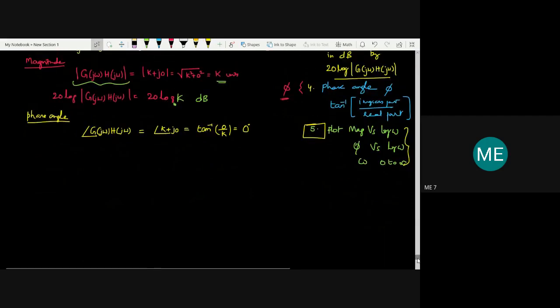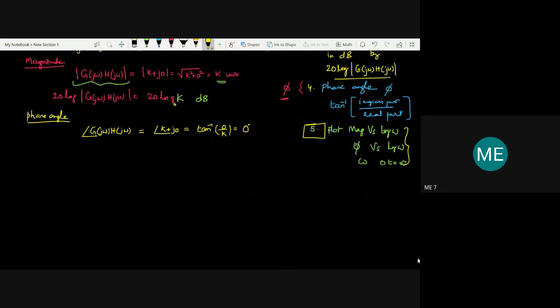I need to vary omega from 0 to infinity. Assume I'm plotting both on the same graph. First I'll take the 0 dB line, then 20 dB, and this is minus 20 dB, then 40 dB, like that.